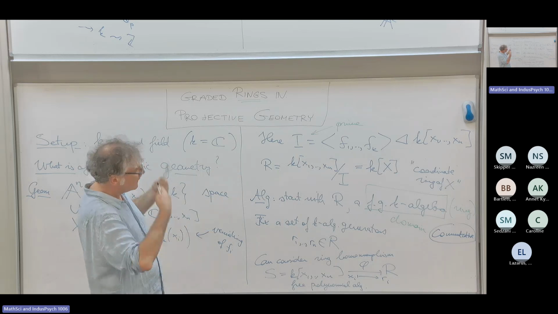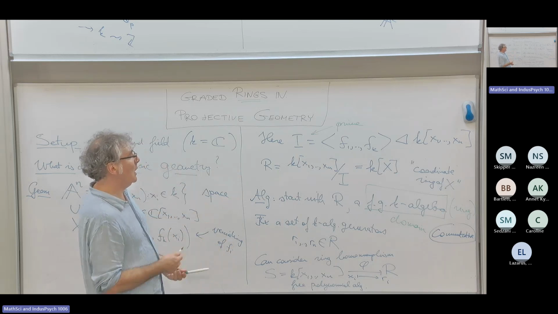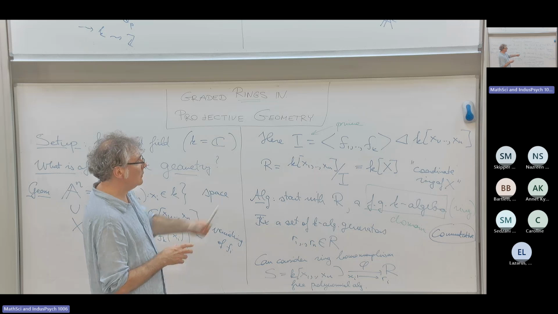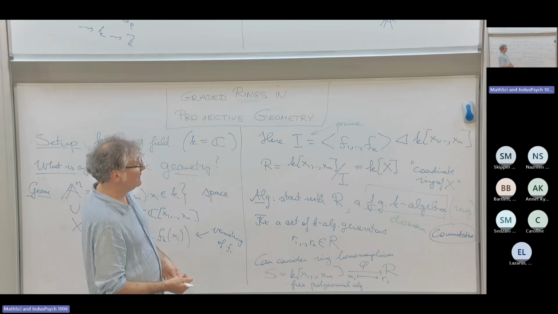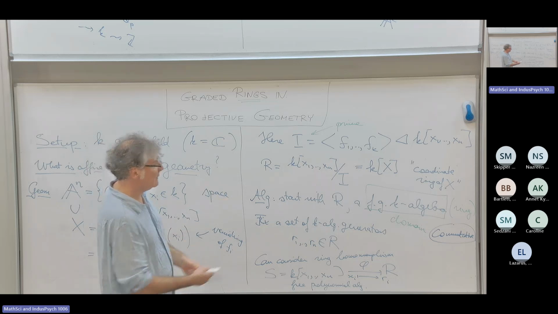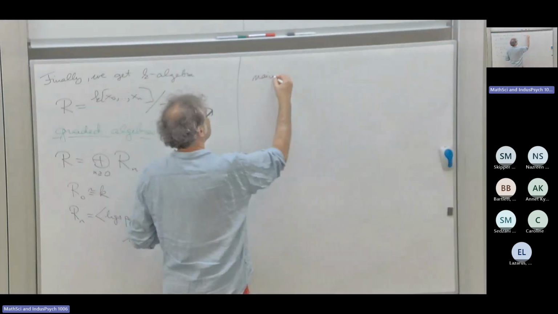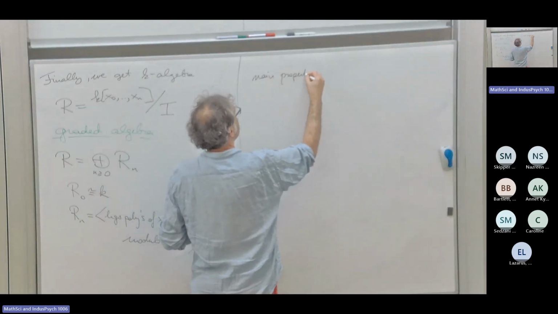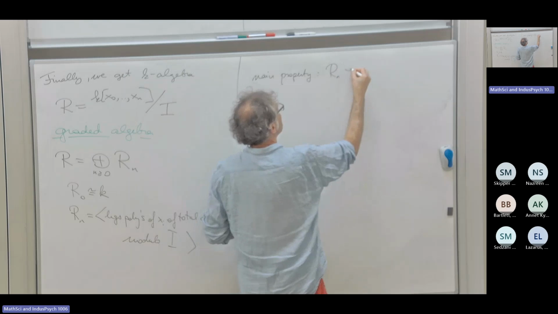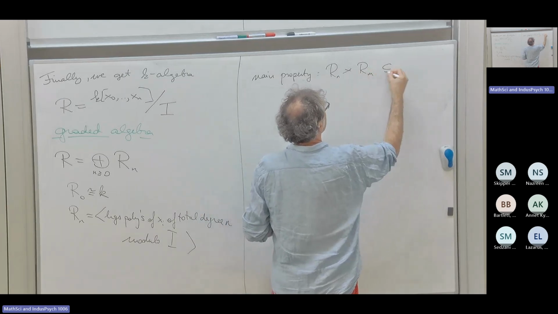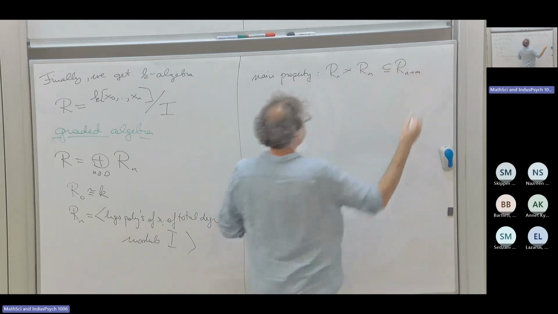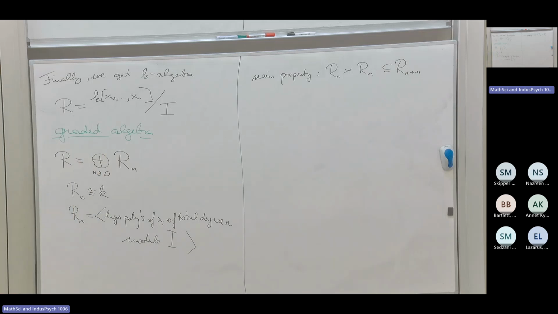So I'm taking things up to elements of some fixed degree. So when I take this quotient, that's still a grading. And graded ring means, so the main property is that if I take Rn times Rm, that's going to be contained in R(n+m). So the grading is compatible with the multiplication.